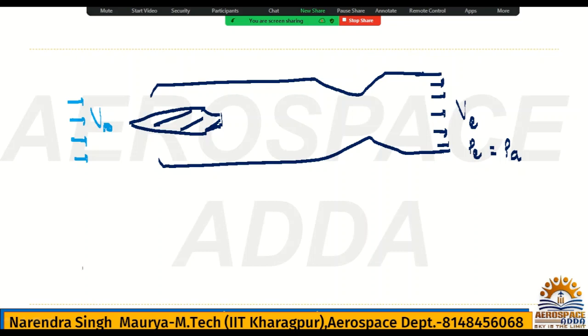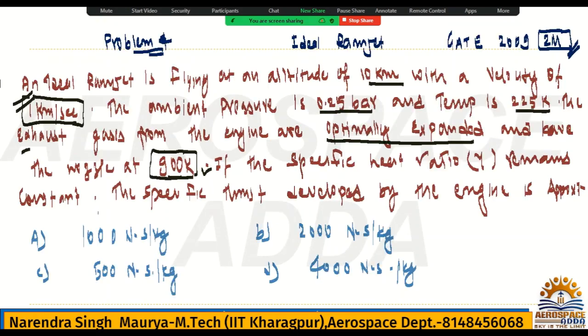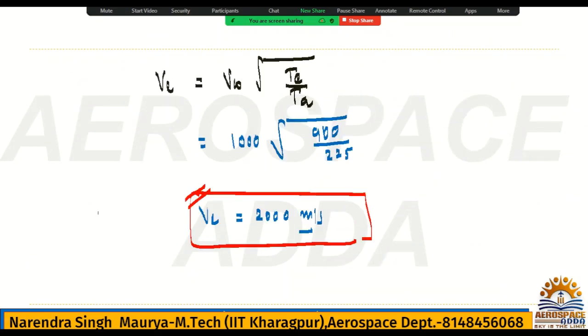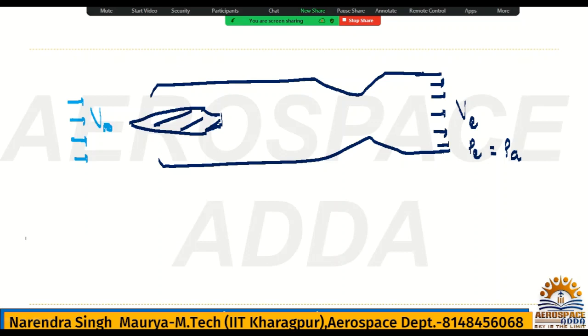Okay, if I write the thrust equation, what will be the thrust equation? Check, fuel air ratio is given for this problem. If they have not given fuel air ratio, then you can neglect. Fuel air ratio they have not given. Okay, mass flow rate or fuel air ratio they have not given. Then what will you say? The full thrust equation I will write here.